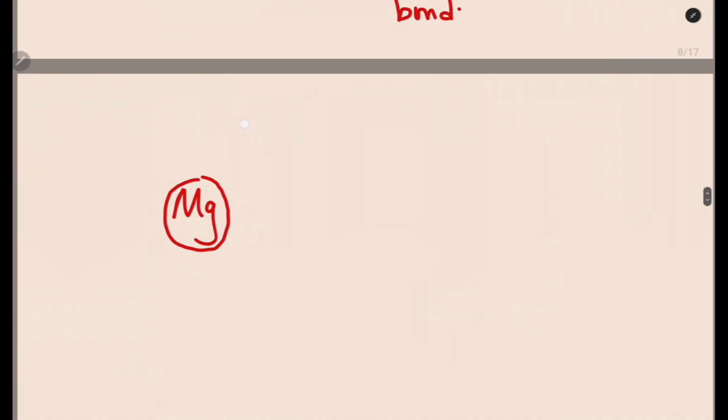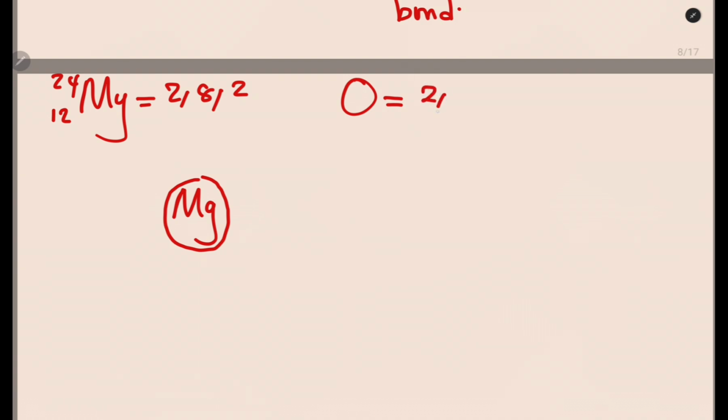In this case, let me put magnesium here, like this. The configuration of magnesium, Mg 12, is 2, 8, 2. Then oxygen, the configuration is 2, 6. Which means magnesium has how many electrons in the outermost shell?